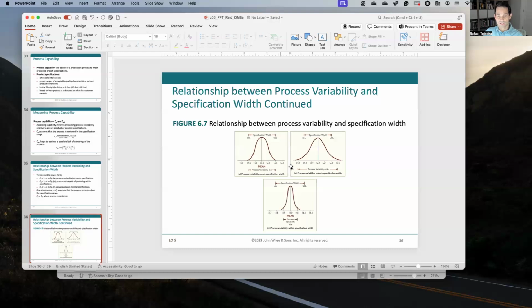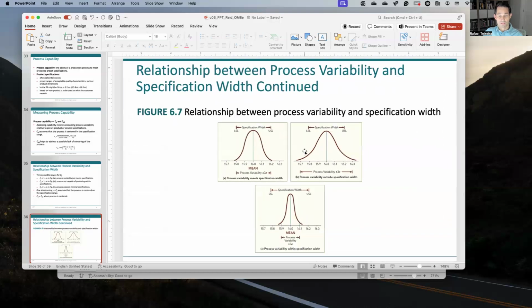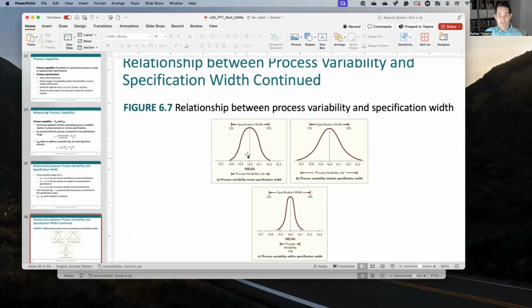Here are some charts to help illustrate. In this first one, the machine is filling each bottle centered at 16 ounces, with the specification limits 0.2 ounces below and 0.2 ounces above.